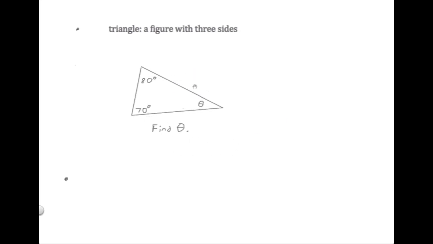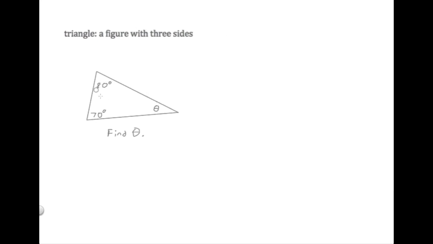Well, the idea you have to use here is that you should know that the angles in a triangle add up to 180. Well, let's start by focusing on what the question is asking us for. The question is asking us for theta. It's always good to write down a symbol for what the question is asking us.